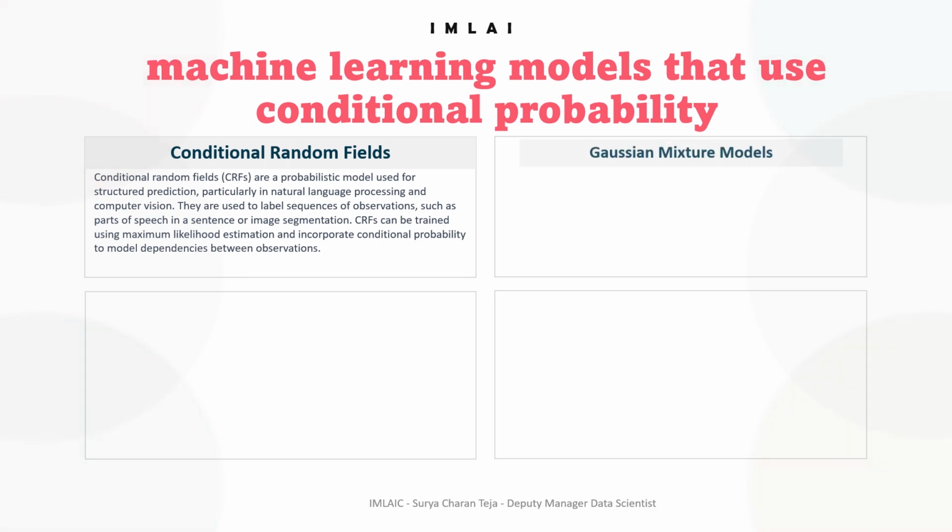The second one we have is Gaussian mixture models.